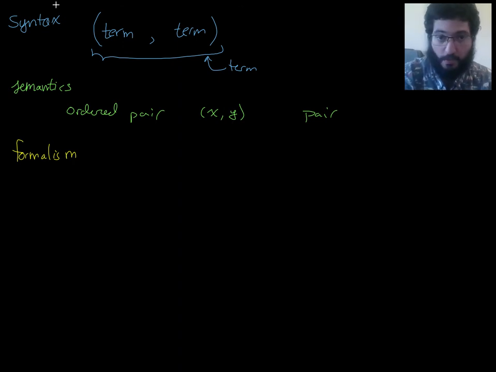So an ordered pair will be a set, but it's not the set that it looks like it is. It's not the doubleton with curly braces x, y. So it's not the same as this, but it will be a set.